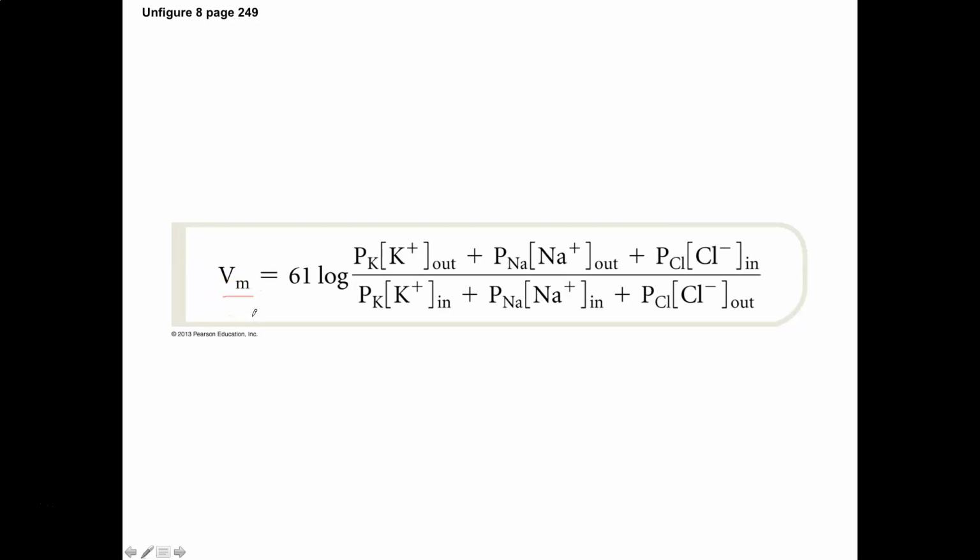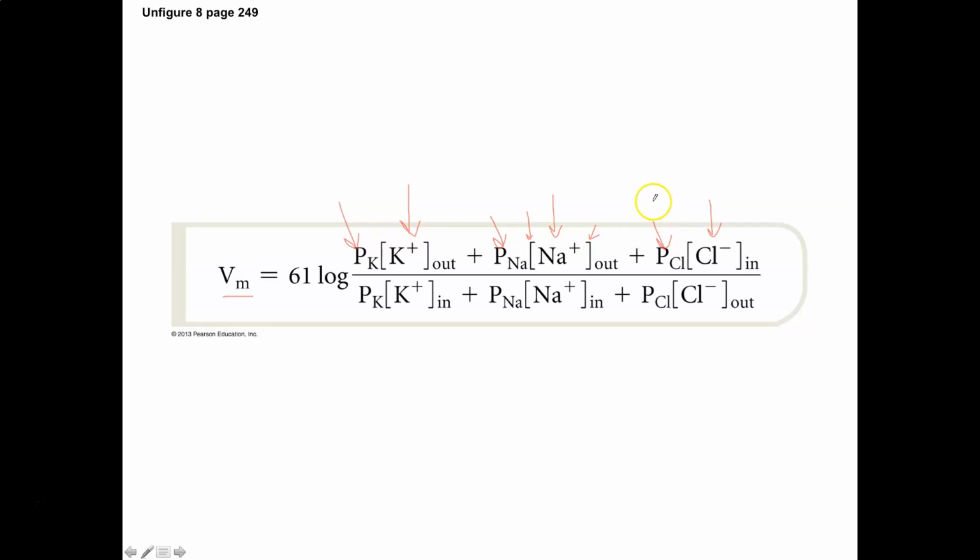And what you'll notice is that it takes into account not just one ion at a time, but multiple ions. So here we have potassium, sodium, chlorine. And not only does it take into account their concentrations, right? So the brackets represent concentrations, but it also takes into account what are their permeabilities. So what is the permeability of that particular ion?